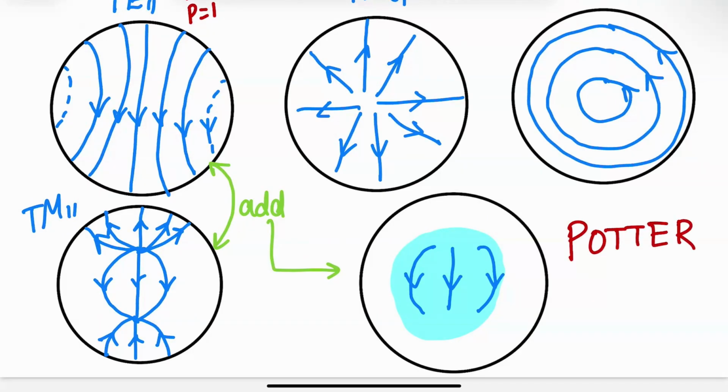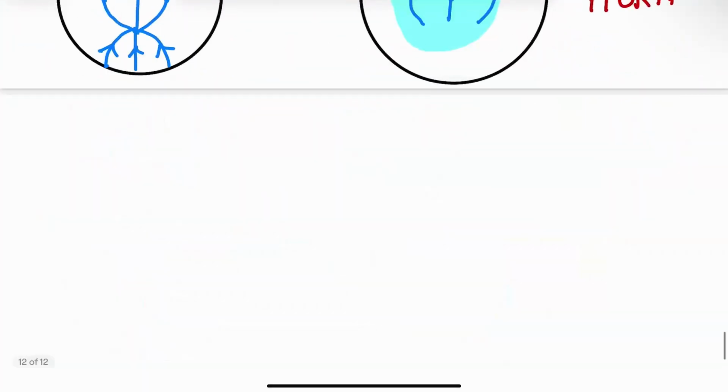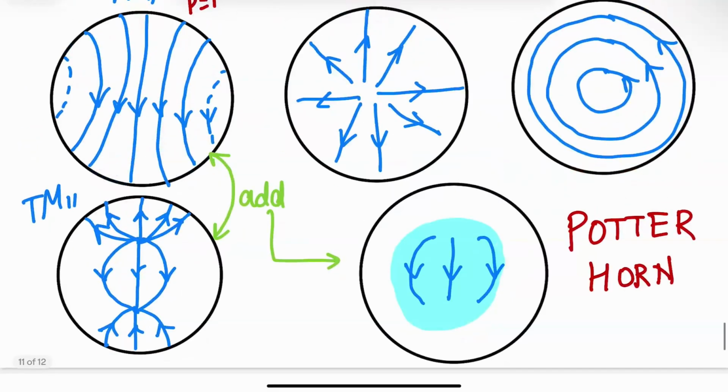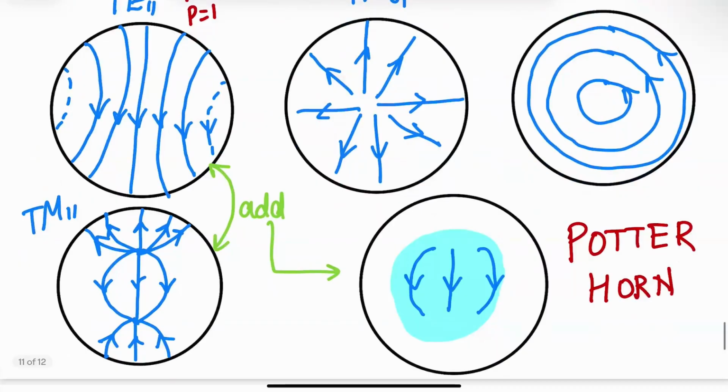So we looked at the Potter horn once when we did the 6-hour long video on antenna design. We also used it a couple of times on this channel. And I like it because it's a very elegant design. So maybe I'll spend a couple more minutes on explaining how that works, which we've already done in the past. Maybe I'll skip it. So you can go back, since now you know what these modes look like, you can go to that video, the 6-hour long antenna design video.